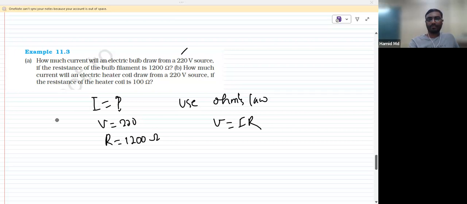It is 45, it's Ridwan. So, Madiha, what's your answer? 0.18. So we have to find I. So we have this relation. It will be simply I is equal to V over R.